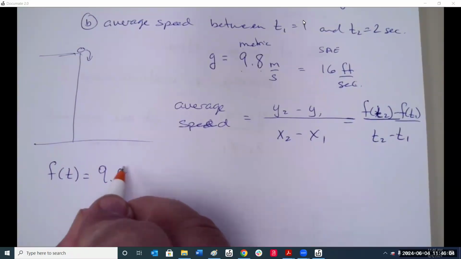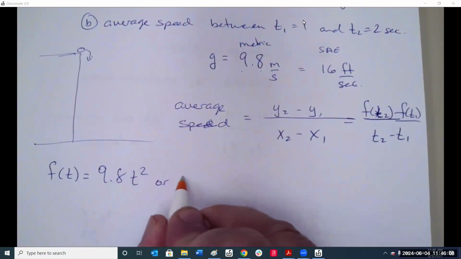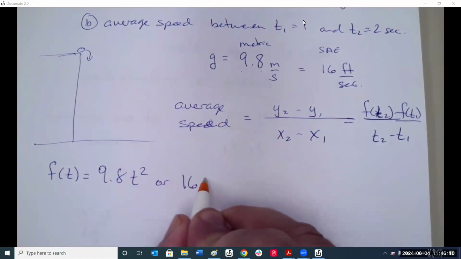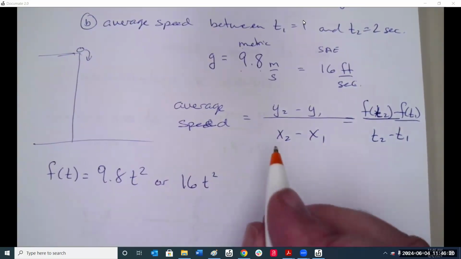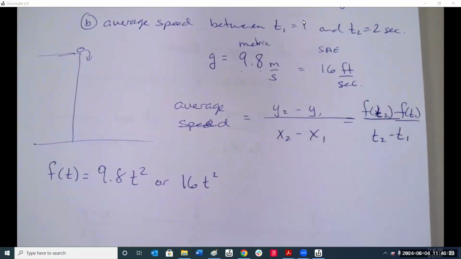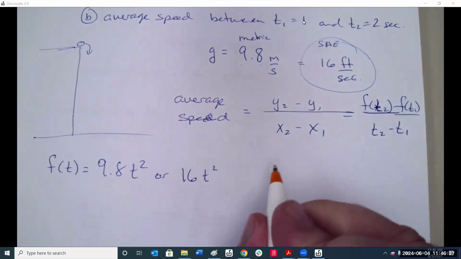It's either going to be 9.8 t squared or 16 t squared, depending on which one you're going to use. Let's go ahead and use SAE, 16.